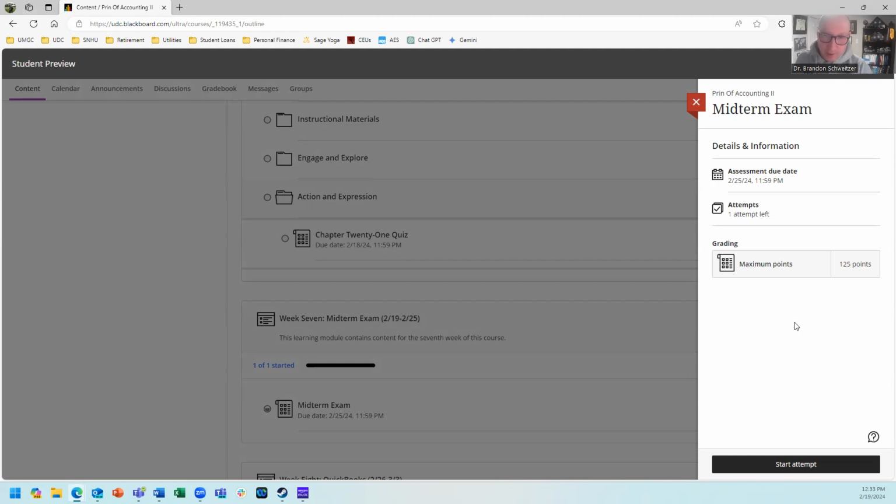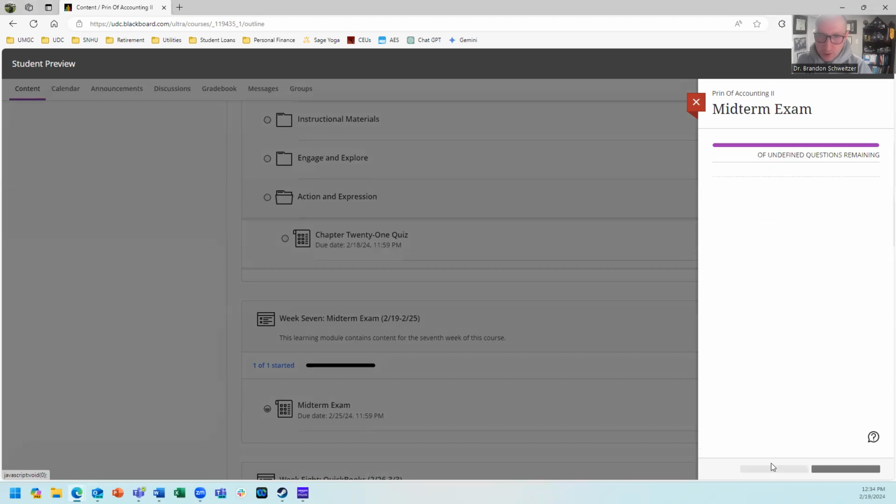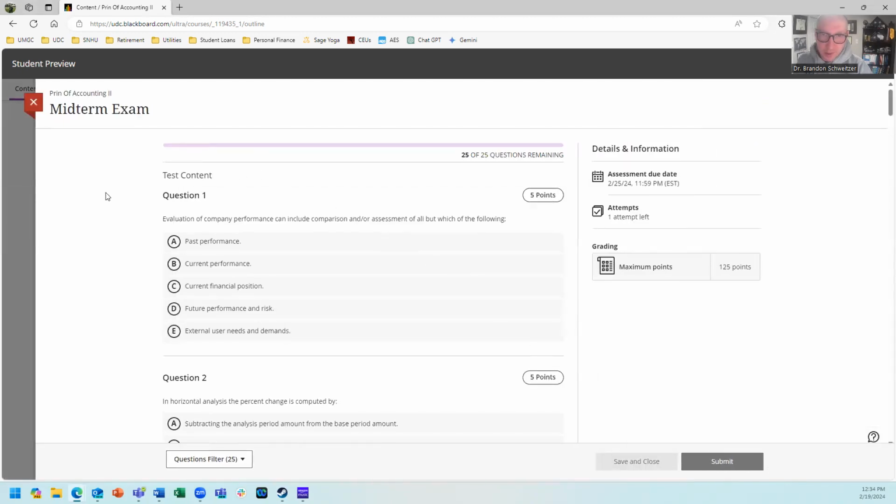It's also important to note that this exam is open book, open note. You can start and stop multiple times. It is not timed. It is designed in a way to make it relatively easy to complete. So again, open book, open note, and it's not timed.